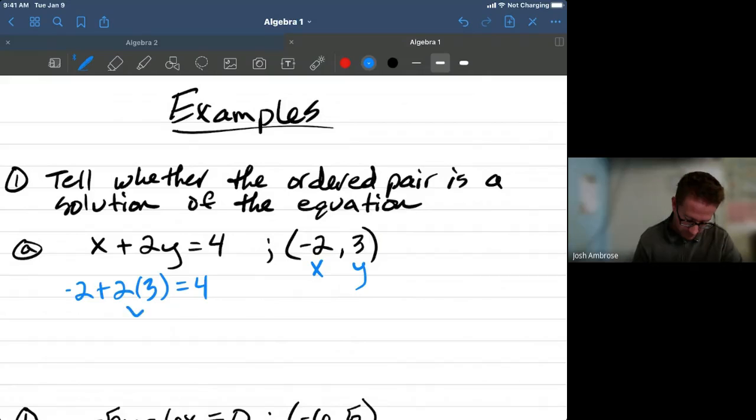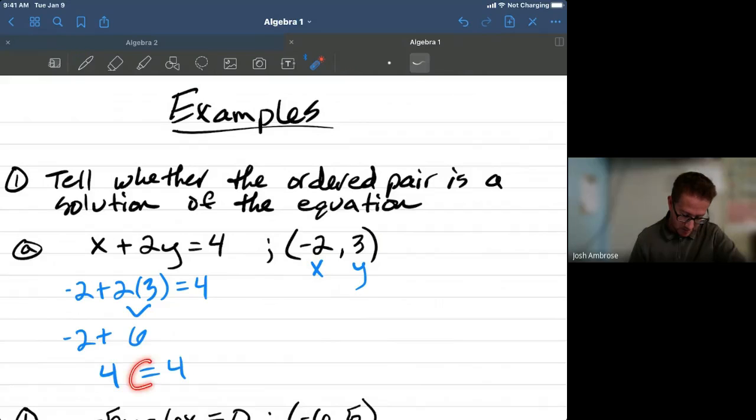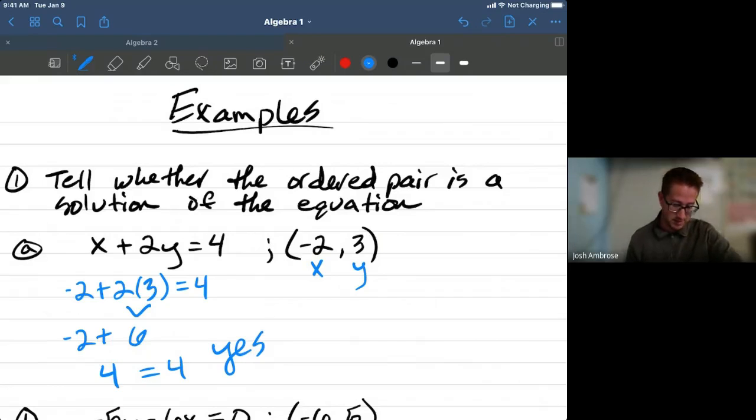So right here makes 6 plus, and that's a -2. -2 plus 6 is in fact 4, equals 4. So this is true. This whole statement is true. So we are saying yes. Tell whether the ordered pair is a solution. Yes, a solution.